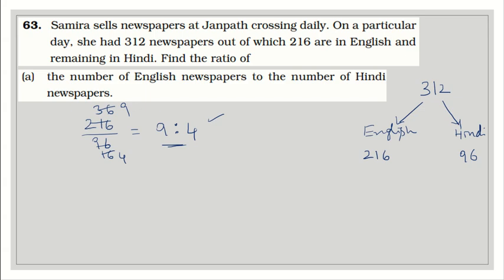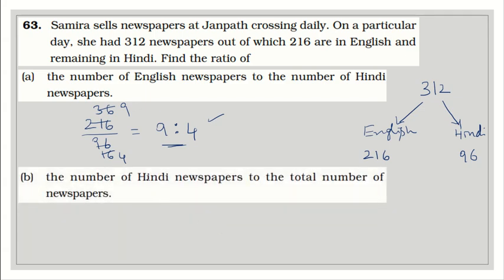Moving on to sub-question B, the number of Hindi newspapers to the total number of newspapers. See, Hindi newspapers are 96 in number and total are 312. If you do, you are supposed to get 4:13. I didn't cancel, but I could say straight away. Is there some logic behind that?